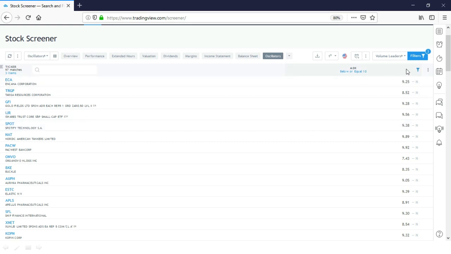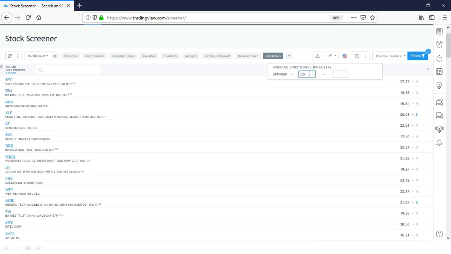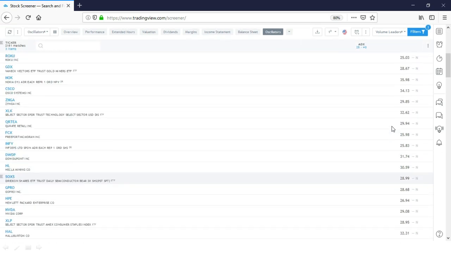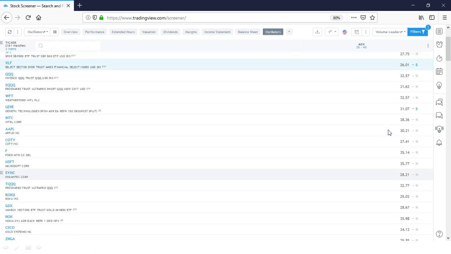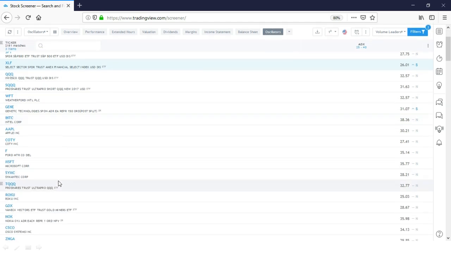We change the value here, between 25 to 40, so that we can get the stocks which create a new trend. 2181 stocks are in a trending form. Let's take a stock which is near about 25 to 30.